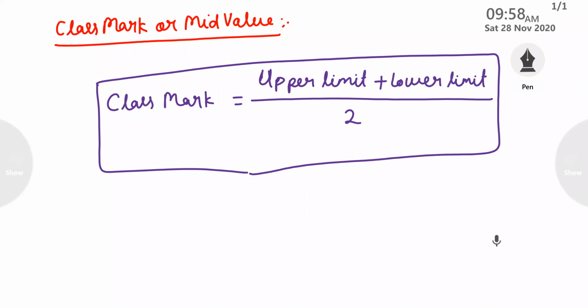Class mark is equal to upper limit plus lower limit divided by 2.